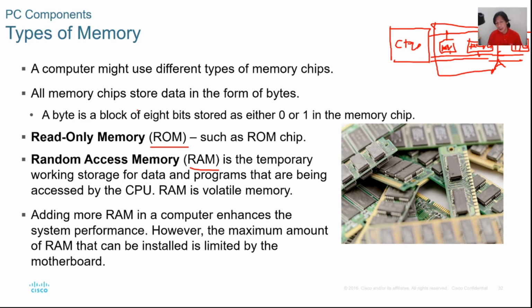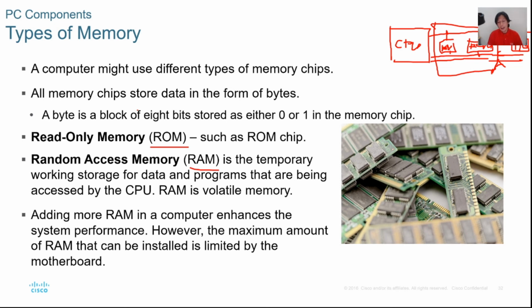Random access memory is the temporary working storage for data and programs. Since it is temporary, that's what we call volatile memory. When the power is off, all of the information stored in that chip will automatically be erased. That's why it's called temporary working storage.